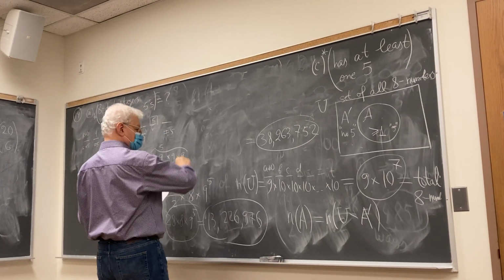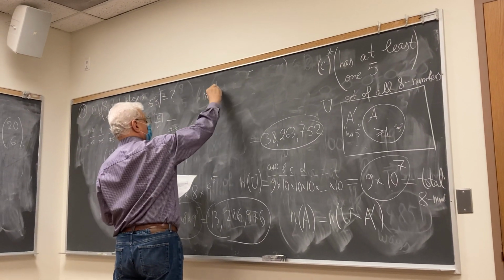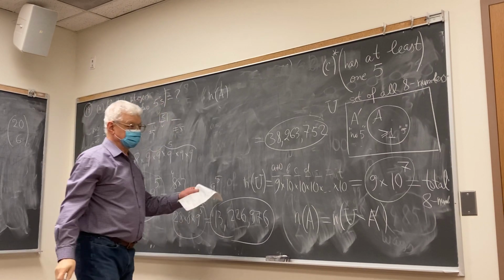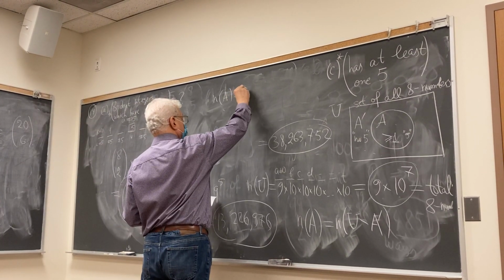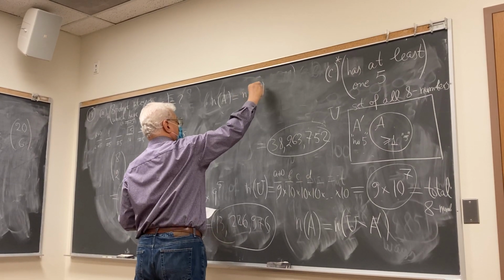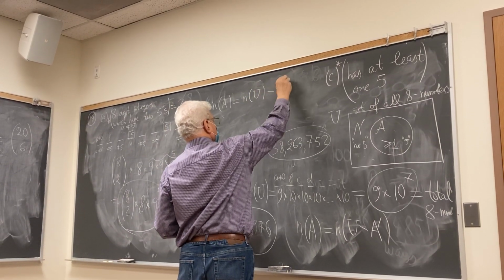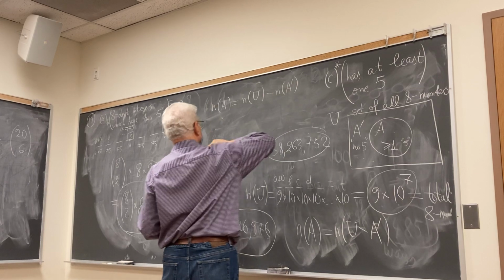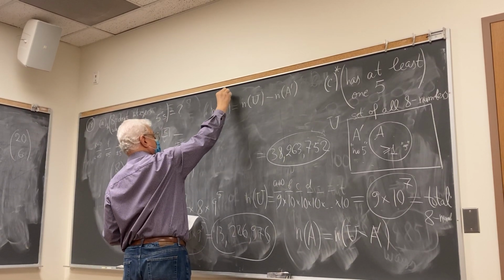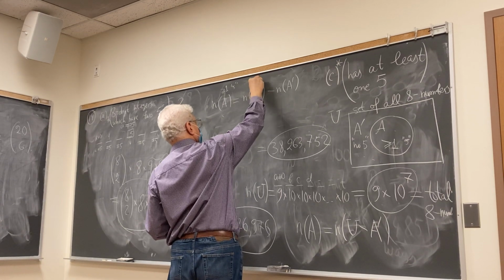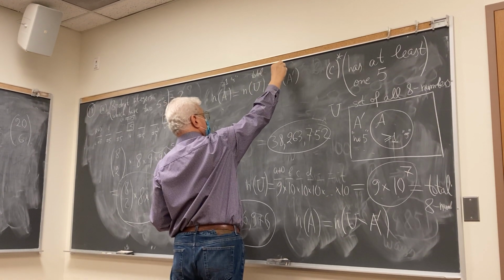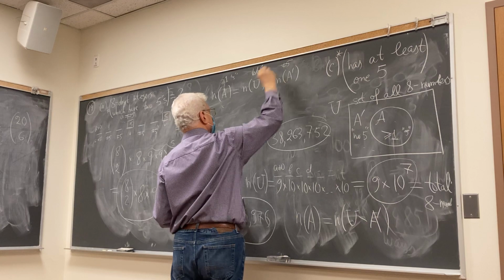So therefore, n of A, you see, we just use the idea of set theory, is equal to n of U minus n of A prime. So here is at least one 5. This one is total, and that one is no 5 at all.